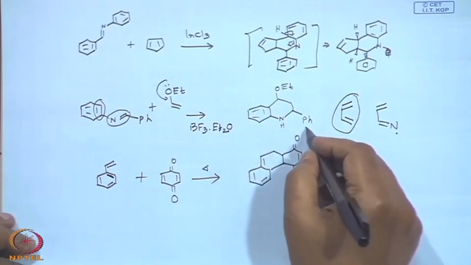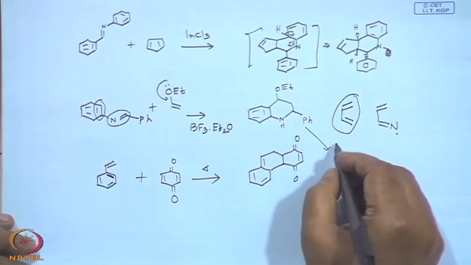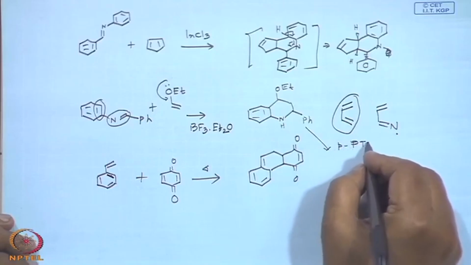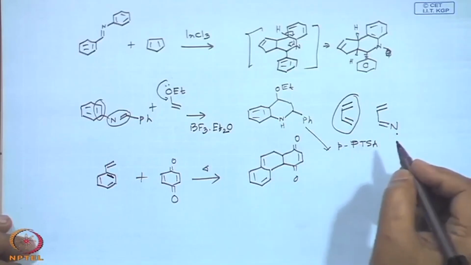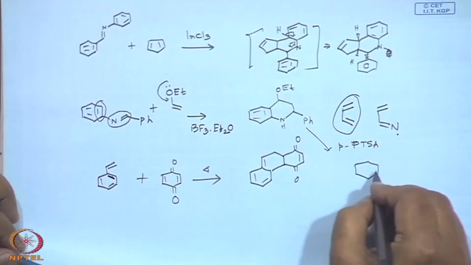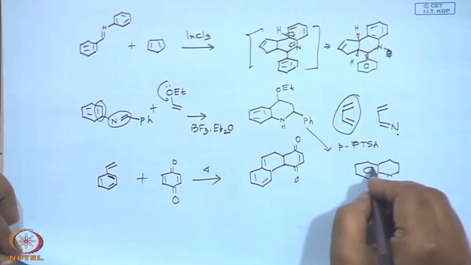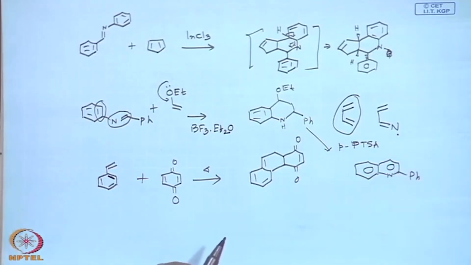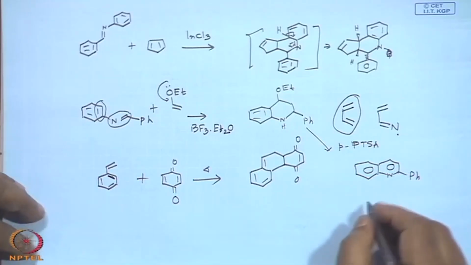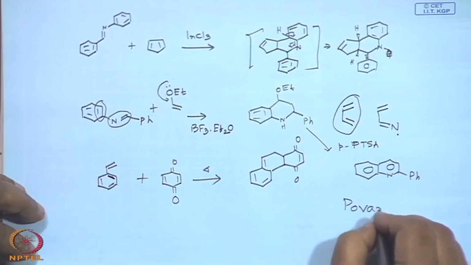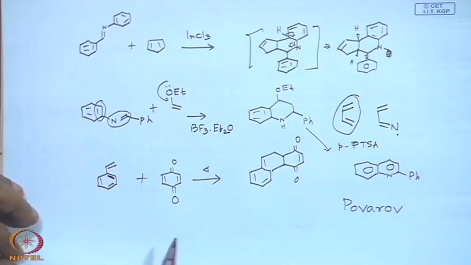Then of course, if you do a little bit of synthetic manipulation, normally in this case p-toluenesulfonic acid, PTSA, you have to go then. So, what you will find is quinoline.